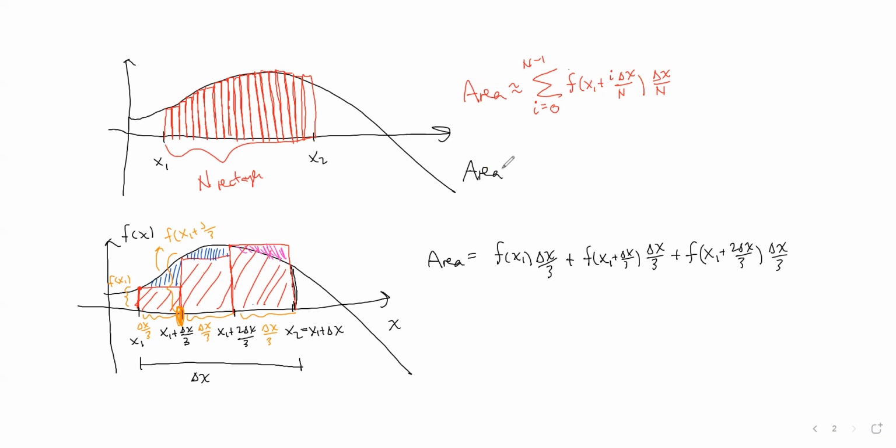I'm going to say that the area is exactly equal to the limit as n approaches infinity of this sum. f of x sub 1 plus i delta x over n times delta x over n. All right, so as n goes to infinity, I approach having an infinite number of rectangles.